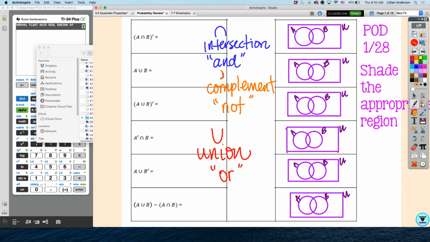Now let's go through and do some shading here. So I have the union between A and B. Not the union, I'm sorry, the intersection of A and B. The intersection is technically this part on the inside, the overlap between A and B. But when it says the complement of that, that means everything that is not the intersection.